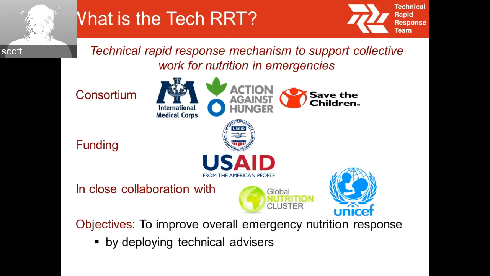Basically, organizations or clusters in emergency situations submit a request, and it goes through a steering committee, and they approve deployments. We can be deployed within 72 hours, visas permitting.